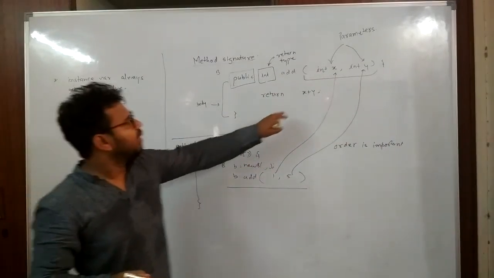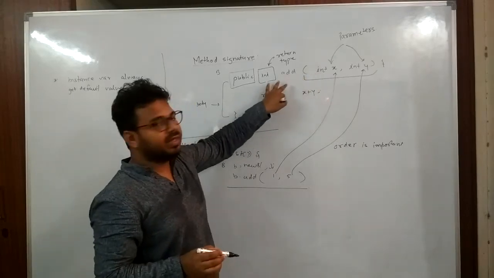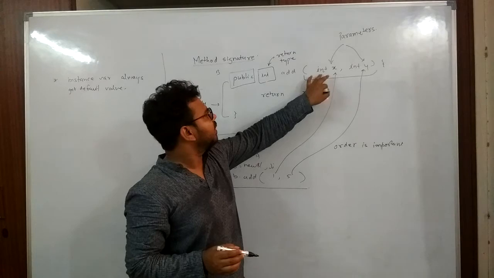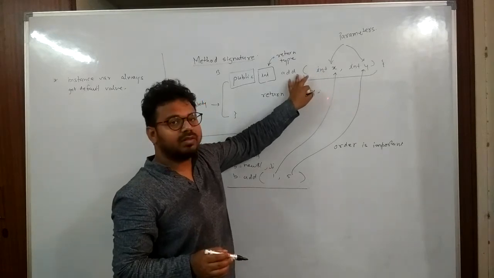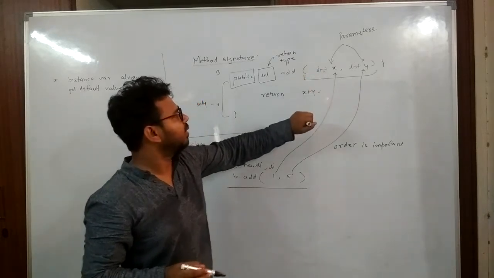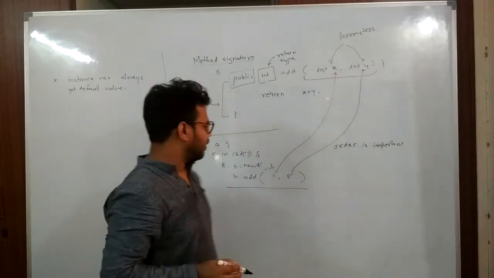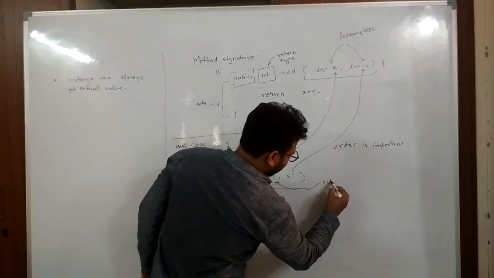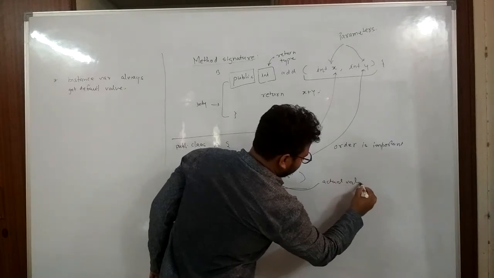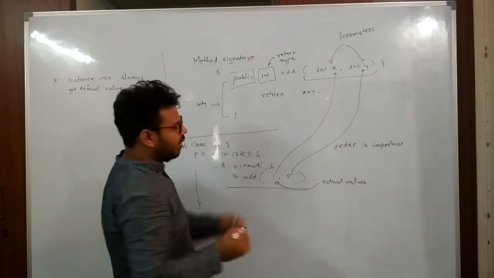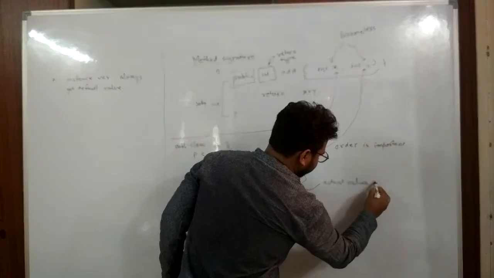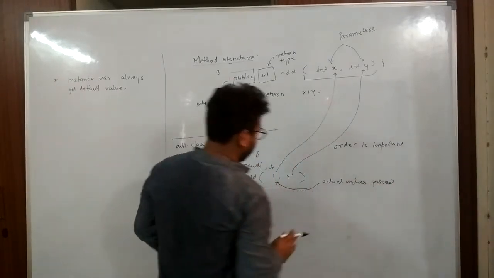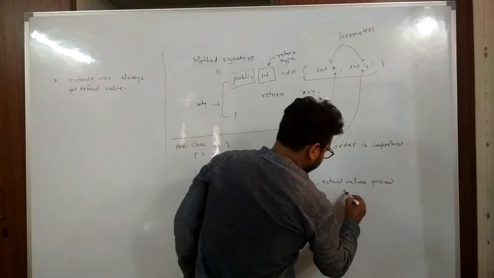Now these two variables which are declared inside the parenthesis of the add method are called parameters, and these actual values which are passed are called arguments.